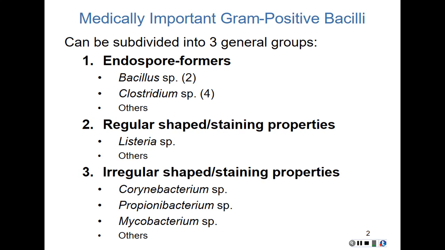I've already told you in lab about Mycobacterium tuberculosis and how it doesn't stain properly, and we have to use what kind of stain when it comes to that organism? Acid-fast stain. And then it becomes irregular shape for some of these others. So one or the other, irregular shape or irregular stain.